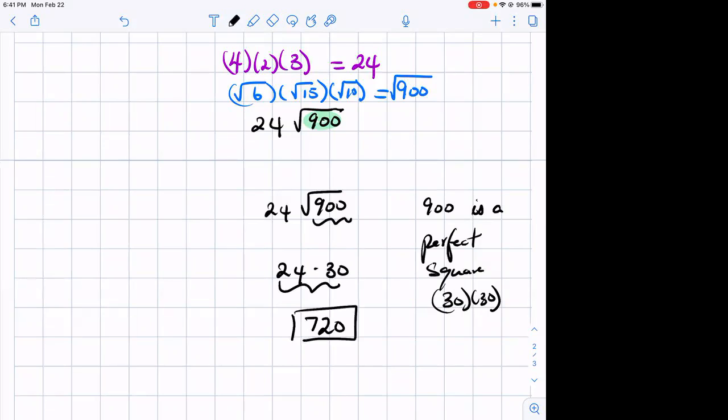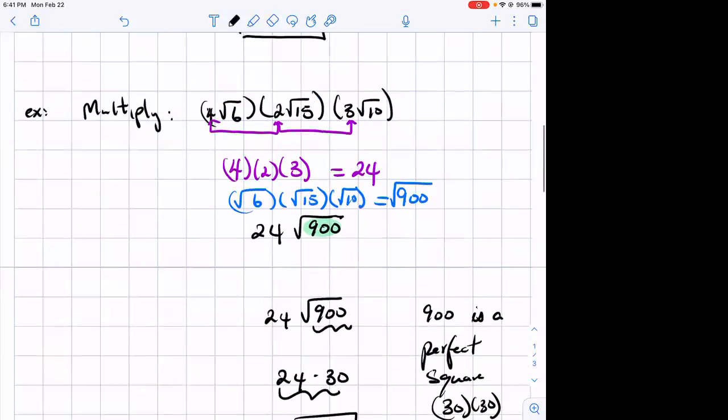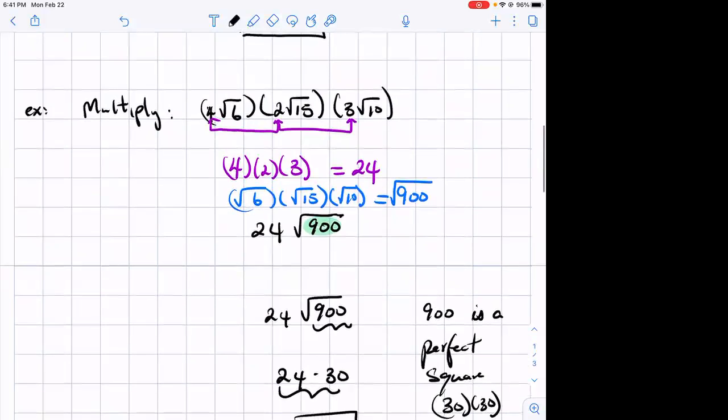So this would be our final result. Sometimes the root can be simplified, so always check.